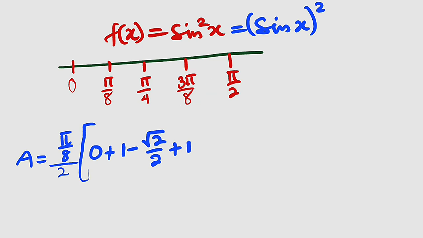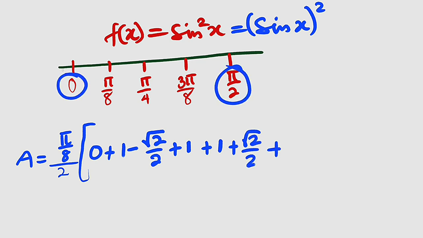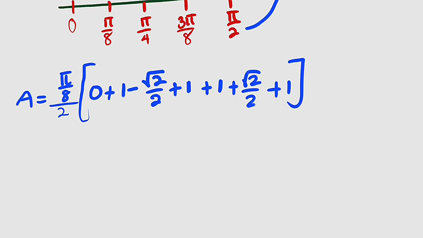Sine squared 3 pi over 8 will give us 2 plus root 2 divided by 4, and if you multiply that by 2, you're going to get 2 plus root 2 divided by 2. And the last one, remember the last one and the first one, you don't have to multiply them by 2. All you have to do is plug them into the function. So sine of pi over 2 is 1, and 1 squared is still 1.